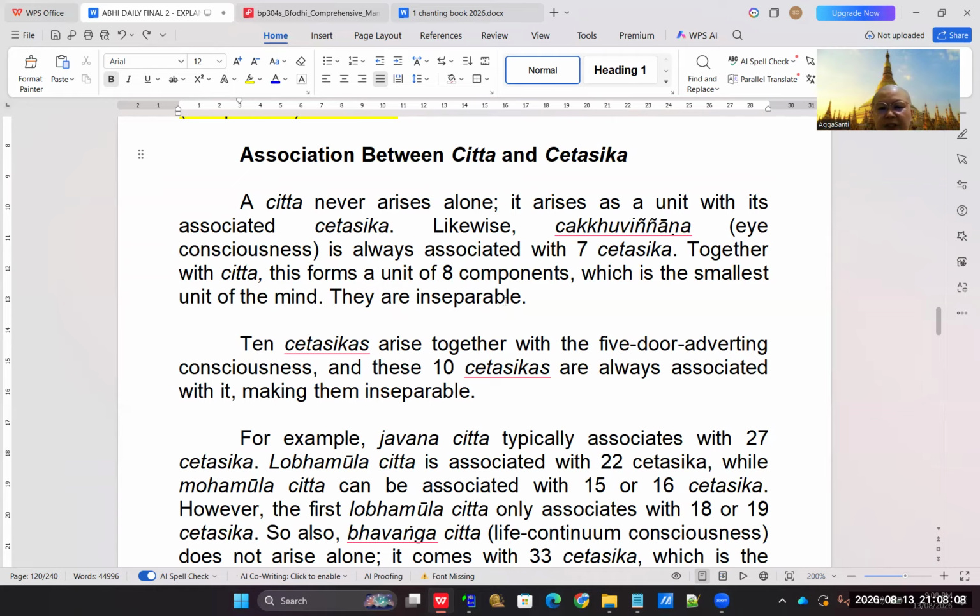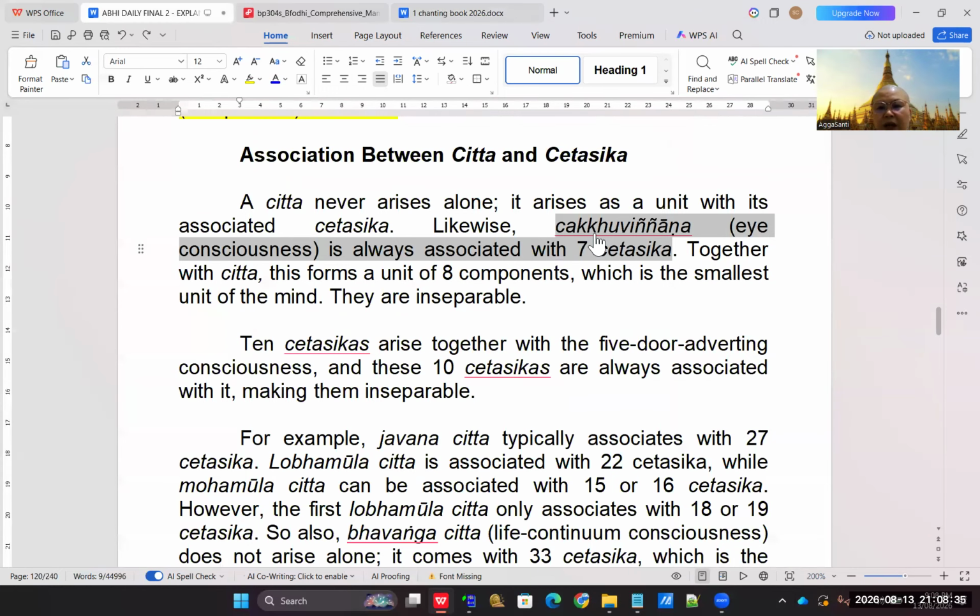They are inseparable. Now, if we are talking about the 89 Chittas or 121 Chittas, the Chitta that arises with the minimum, what is the minimum? This is the eye consciousness. That is the very minimum because these 7 are the universal.